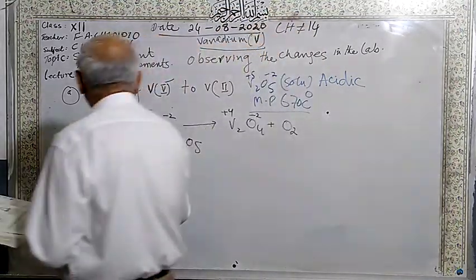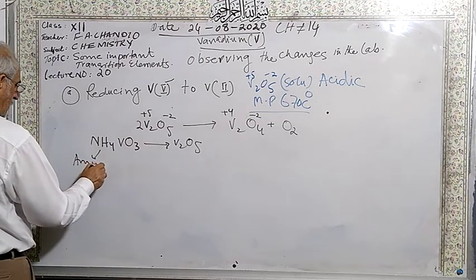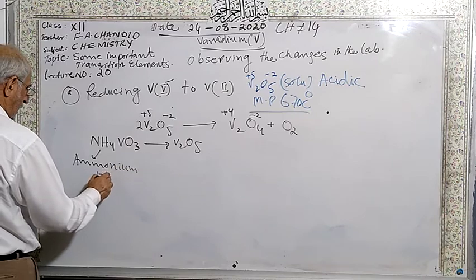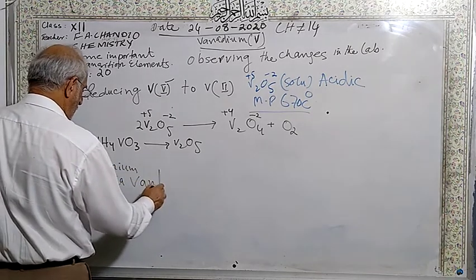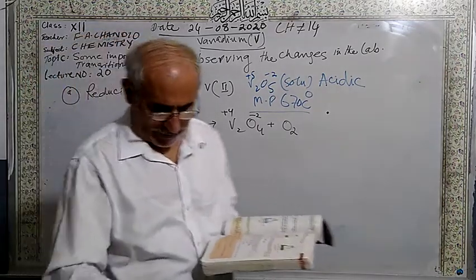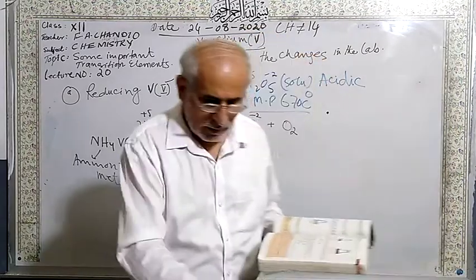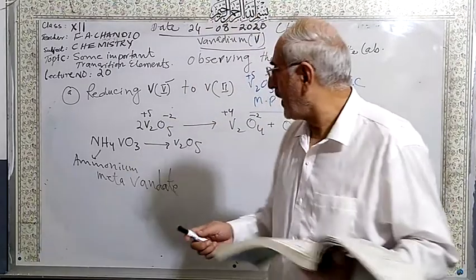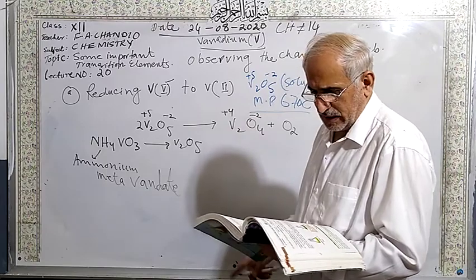The name of this is ammonium metavanadate. Ammonium metavanadate changes into vanadium pentoxide, 5 oxidation state.